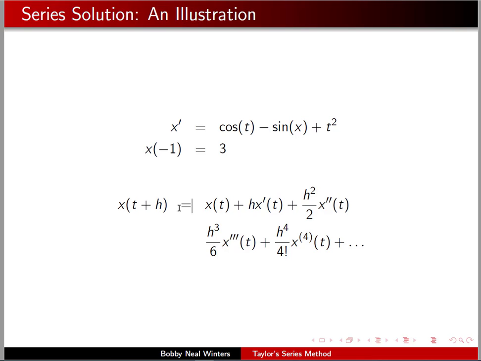We'll have x of t plus h expand in a Taylor series to be x of t plus h times x prime of t plus h squared over 2 x double prime of t plus h cubed over 6 x triple prime of t plus h to the 4th over 4 factorial, a fourth derivative of x of t, and this can go on all day. We're going to stop it with a fourth order approximation.